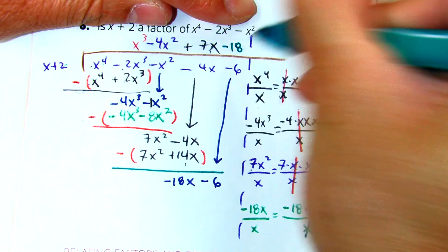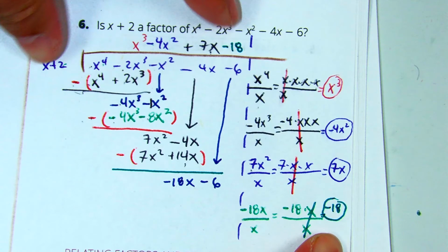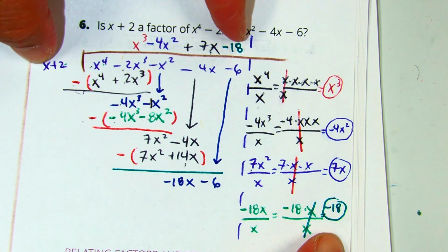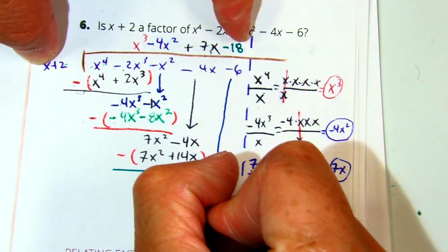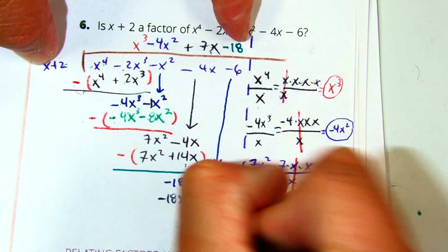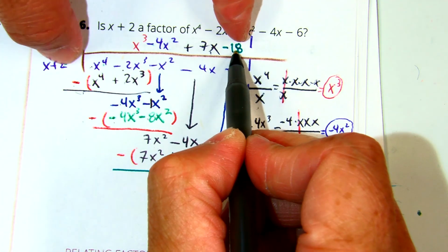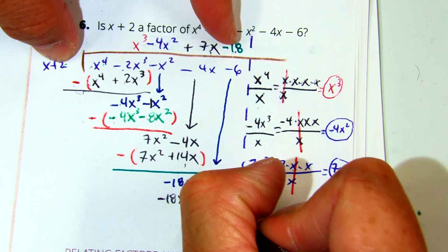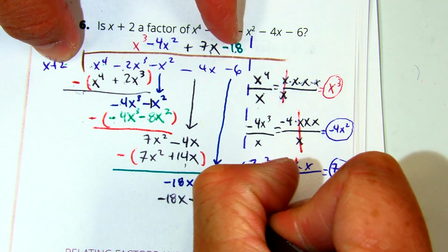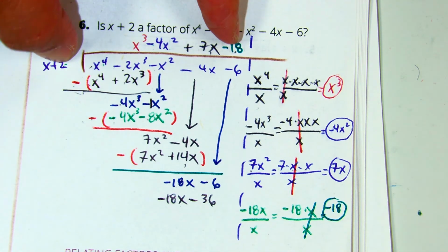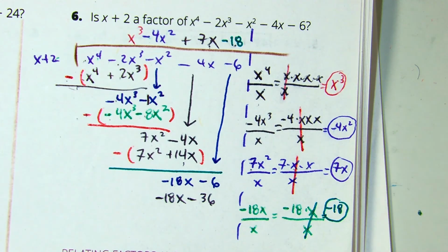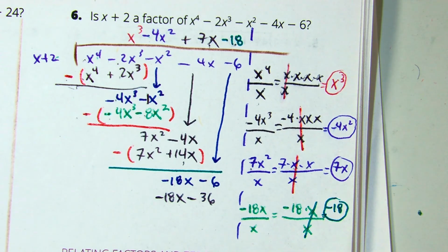So we divide, now we multiply. Negative 18 times x. Negative 18x. Negative 18 times 2. Negative 36. Is that right? So we multiply. Class, what do we do next? Subtract. Let's subtract.